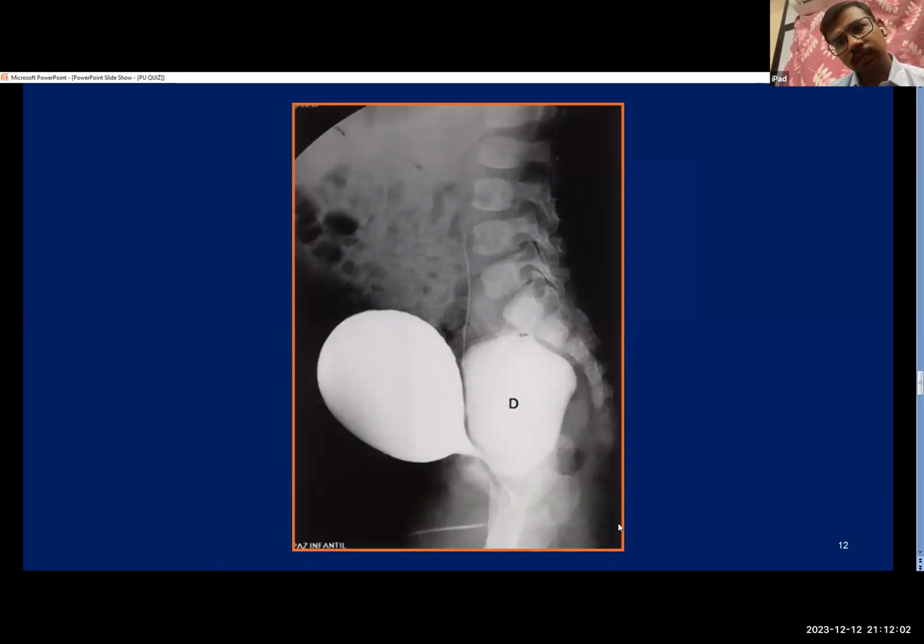This one. I give you a hint. You put a catheter in this patient to fill the bladder, it doesn't go into the bladder. So what is D? Sir, it can be a duplication system.